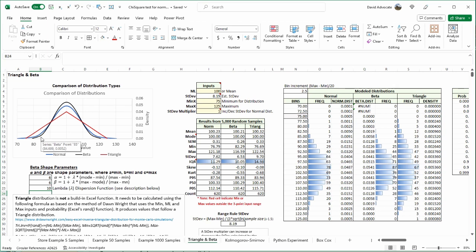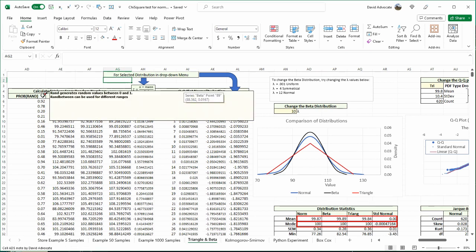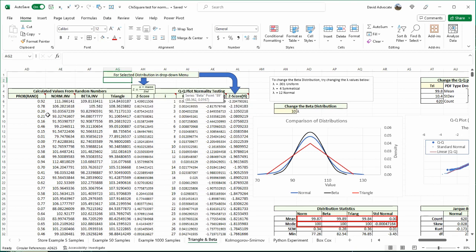Now we'll scroll over to the right side of the workbook and take a look at the normality tests. In this section of the worksheet is where we do the calculations for the distributions and the z-scores and the QQ plotting. Over on the left, we calculate the random values between 0 and 1.